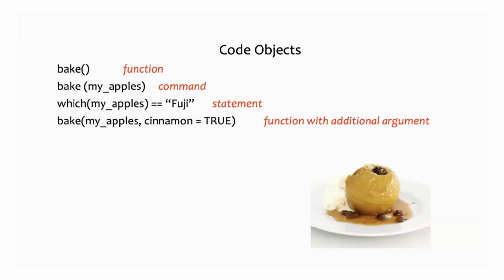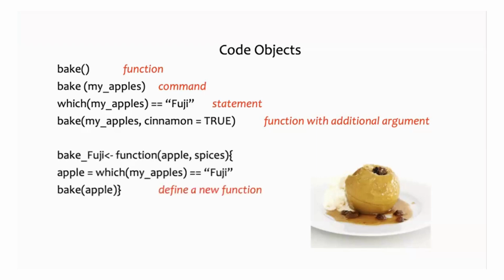We could add an additional argument to the function bake if it calls for it, right? So bake my apples, but we could also turn on cinnamon. Cinnamon equals true, which could mean something like the cinnamon specification is being turned on. So you want your baked apples to include cinnamon.